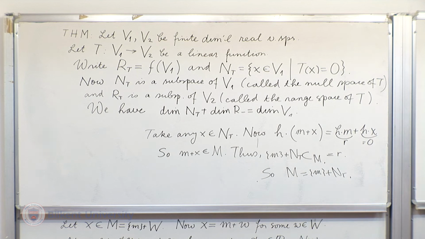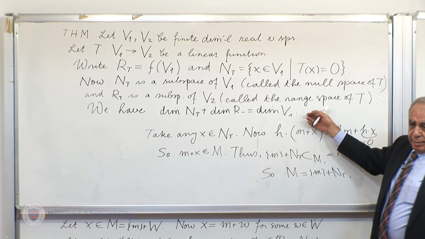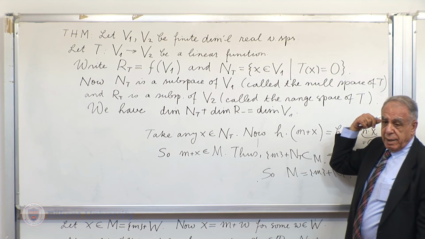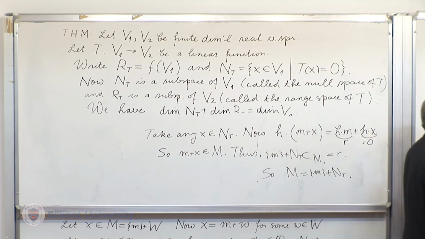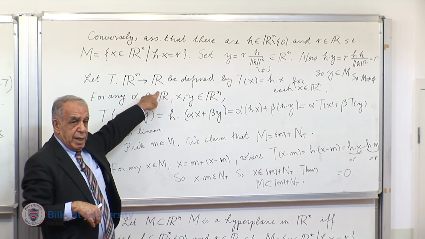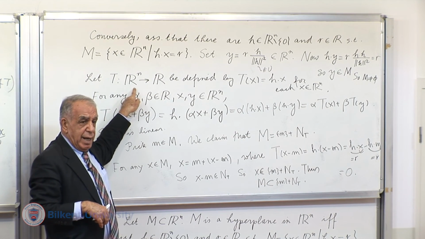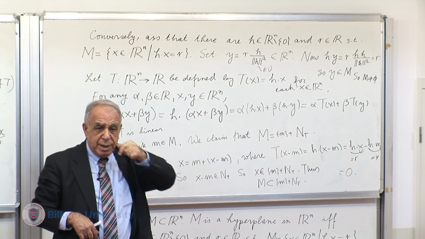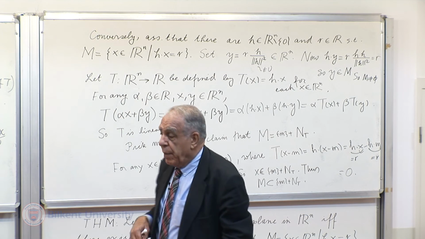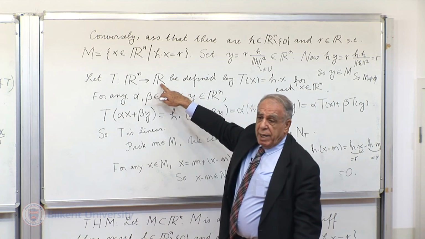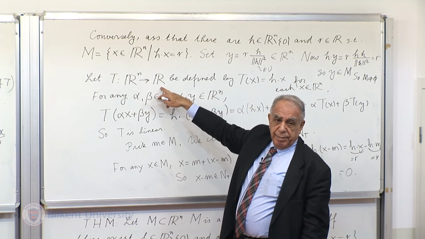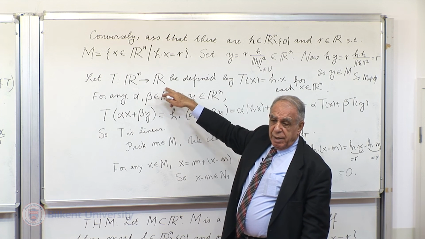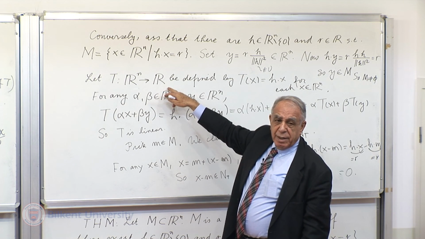Well, we will use this now. Do we know what V1 is in this context? Our linear map is on Rn to R. So V1 is Rn, it has dimension n. What's the range space? Well, we know that the range space is a subspace of R. What are the entirety of the subspaces of R?